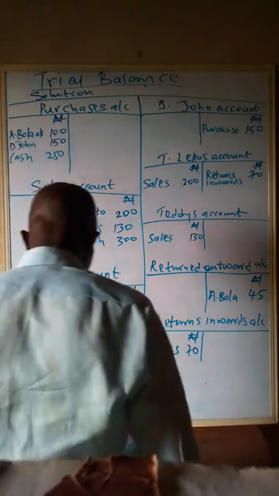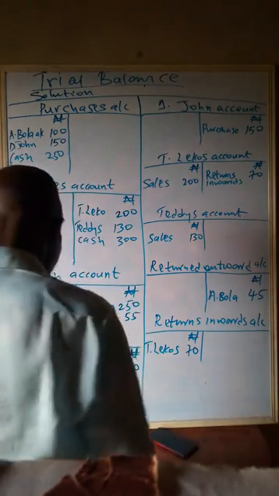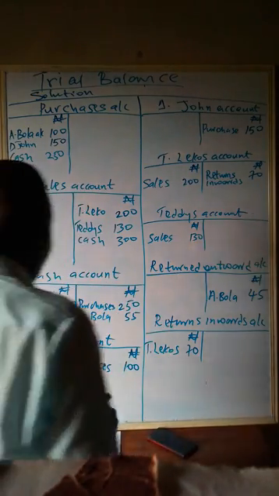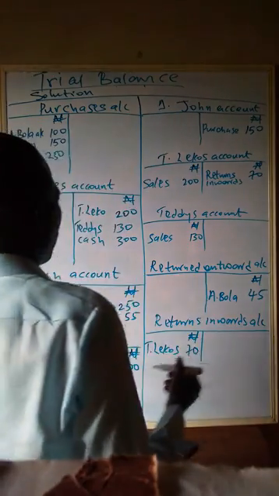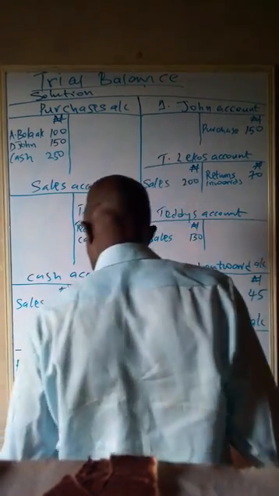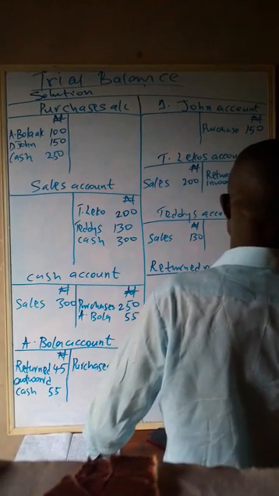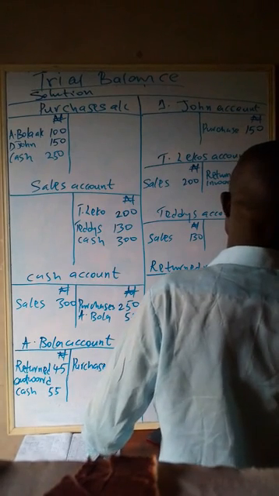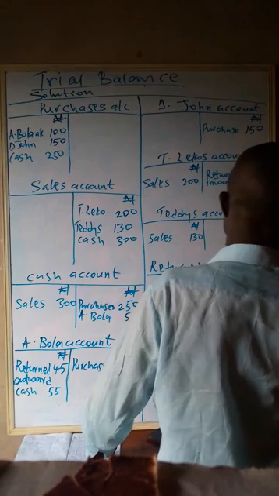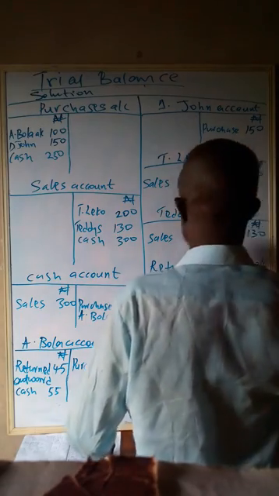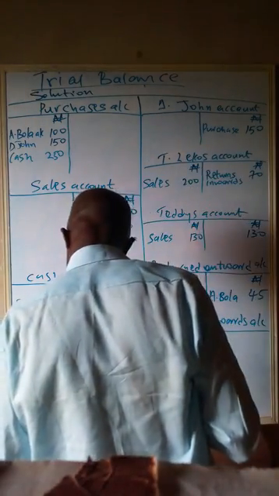Next, Teddy paid the amount he was owing. We sold goods to Teddy and he now paid us the amount he was owing us, which is 130, in cash.